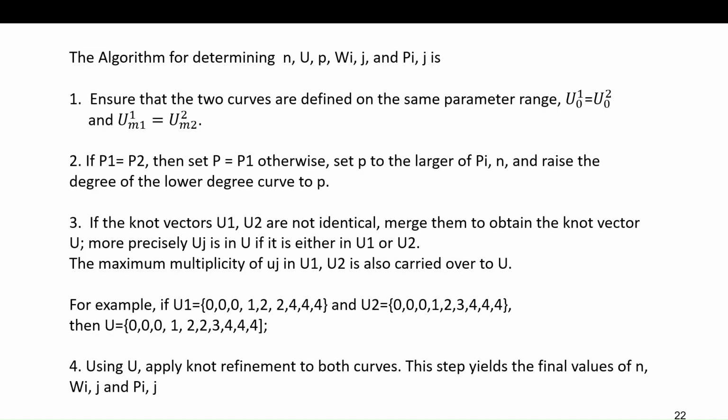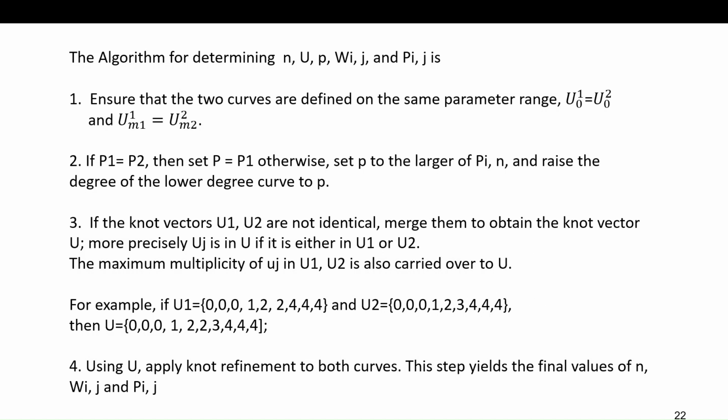degree curve to p. And if the knot vectors are not identical, we merge them to the knot vector u. So basically, we do the union or the maximum multiplicity of both the curves, which is carried over to u.